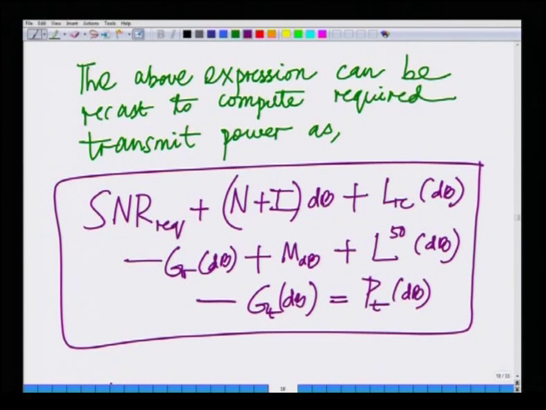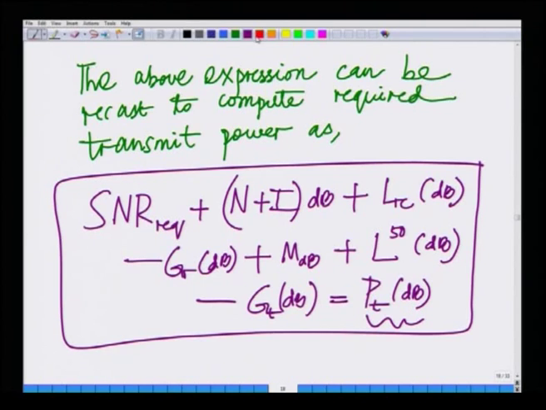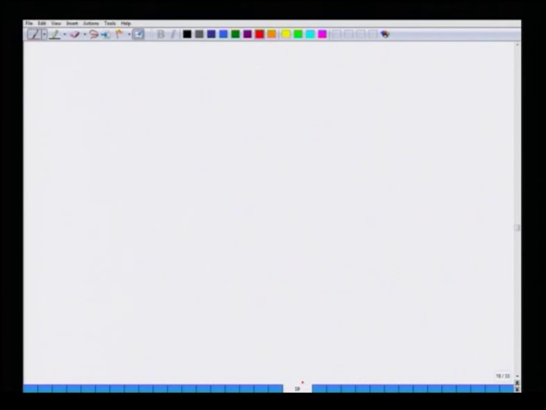This is another way to compute the required transmit power in terms of the different losses and gains in the system, that is, how to budget for the different components from the transmitter to the receiver.